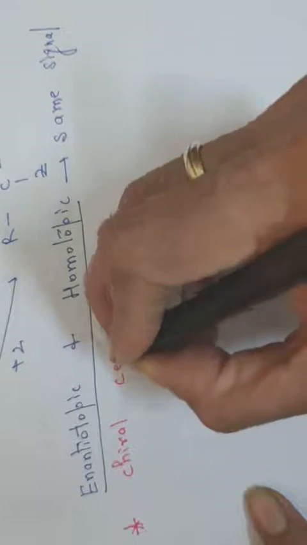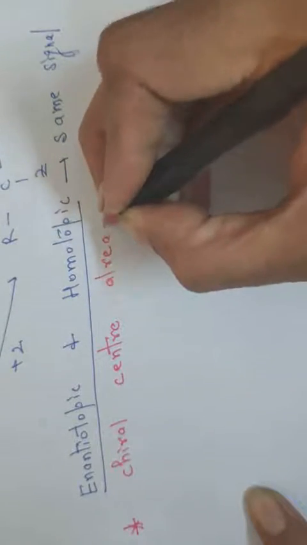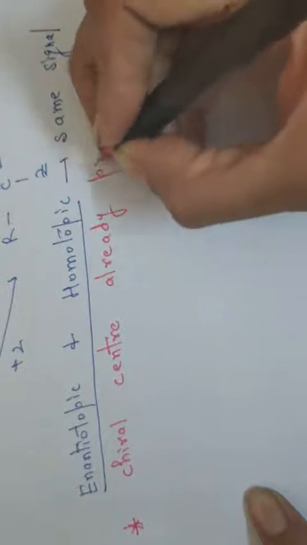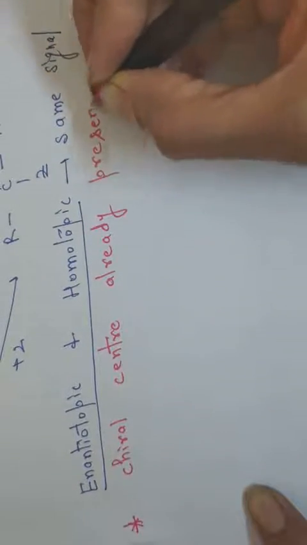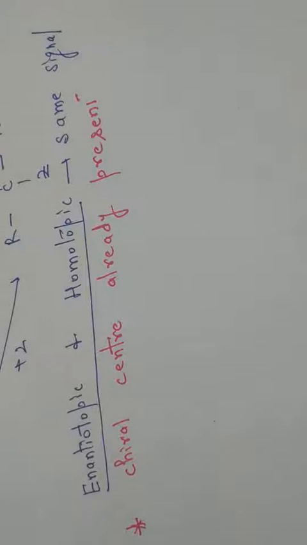If a chiral center is already present in the molecule, then the two protons present will be diastereotopic in nature. So let us take these examples. With these examples, it will be very clear.